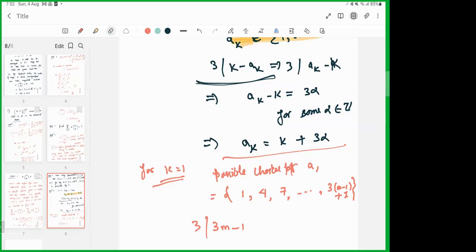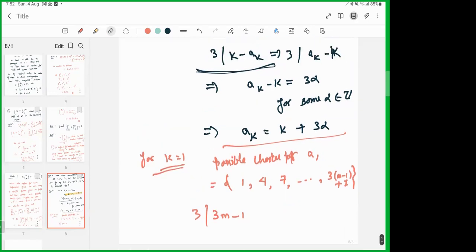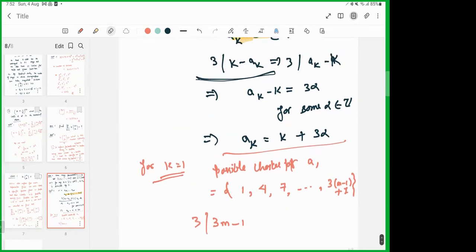So a1 could be 1, could be 4, and if a1 is 3m minus 1, let's see. That means 3m minus 1 equals 1 plus 3 alpha for some alpha, so 3m minus 2 is of the form 3 alpha. But this is not correct.